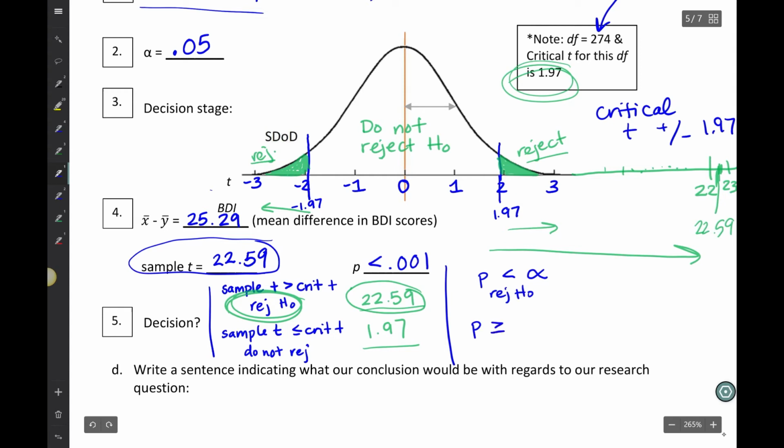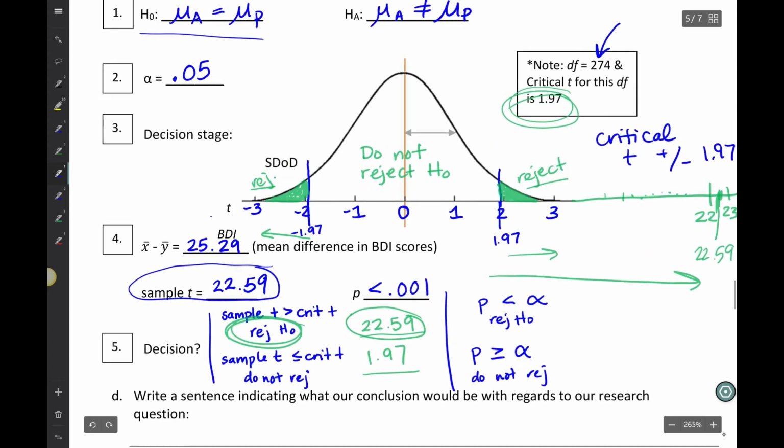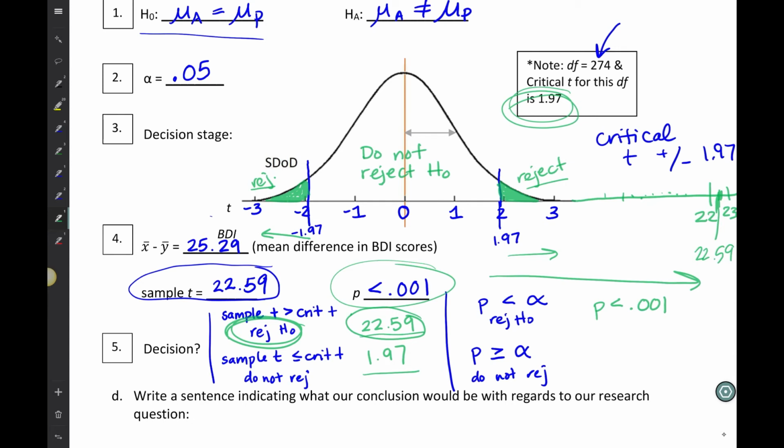If our p-value is not less than alpha, then we do not reject. So let's take a look. What was our p-value in this case? Our p-value right here, actually it's less than 0.001. This means that p is so small, it's almost zero. It's got lots and lots of zeros, so we're just going to say it's so small, it's almost zero, but it's not quite there.